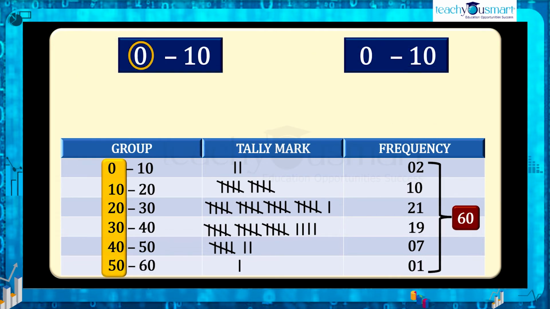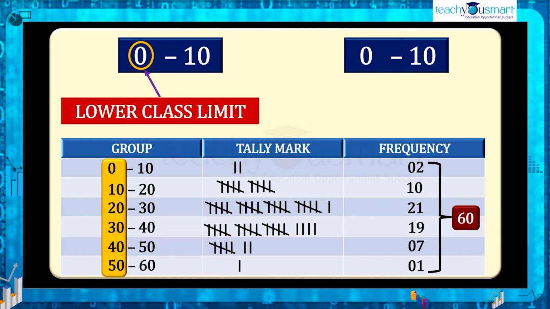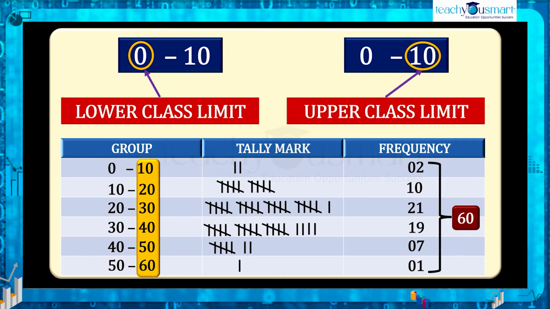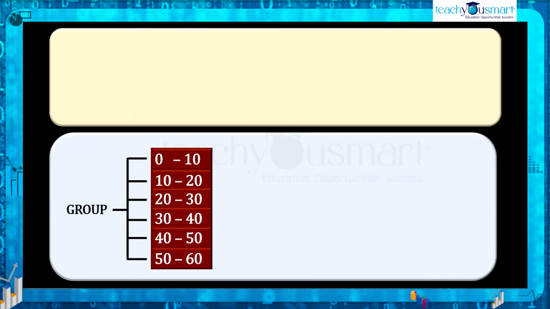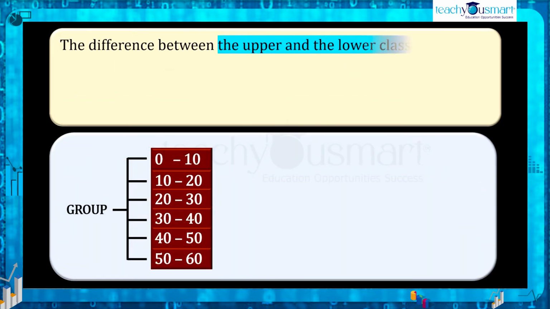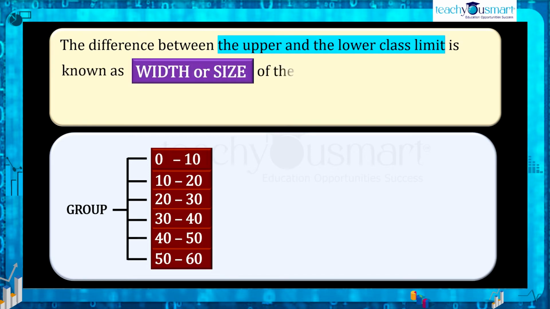The lower number in each class interval is known as the lower class limit. The upper number is known as the upper class limit. The difference between the upper and the lower class limit is known as the width, or size of the class interval.